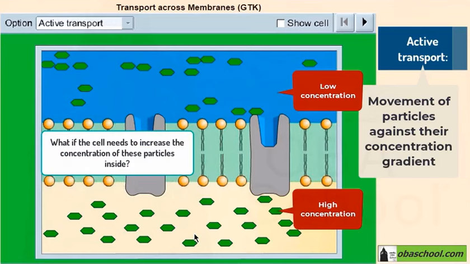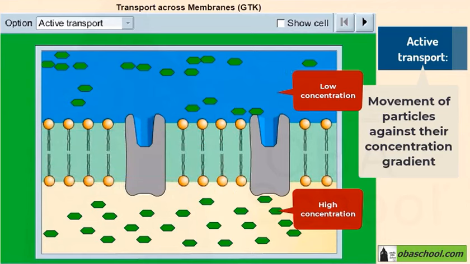But what if the cell needs to increase the concentration of these particles inside? Well, actually it cannot do this by diffusion, since there is already a high concentration of particles inside of the cell. So increasing the concentration inside would further move the particles against their concentration gradient.